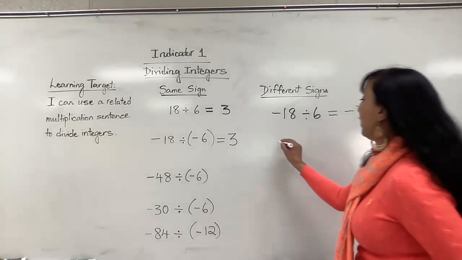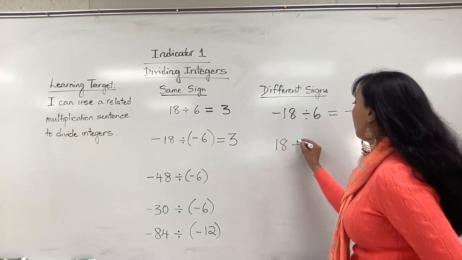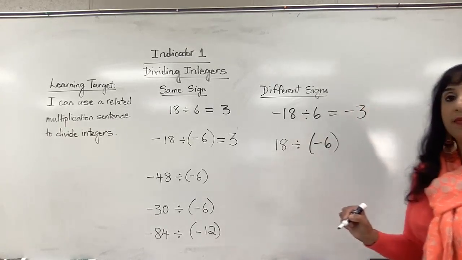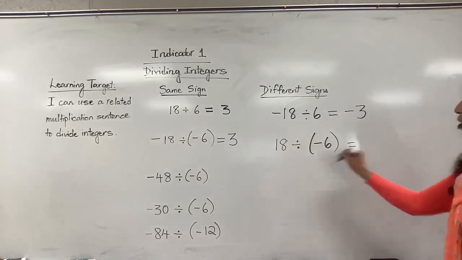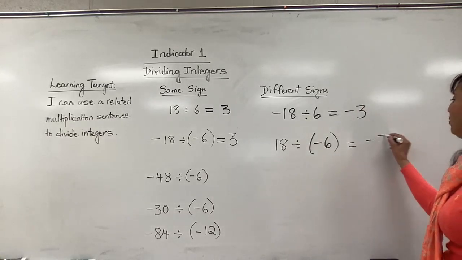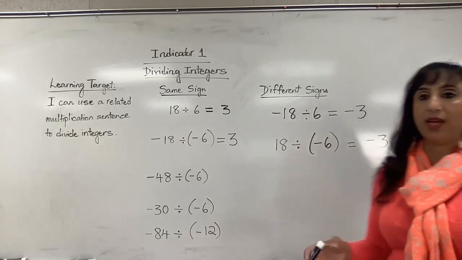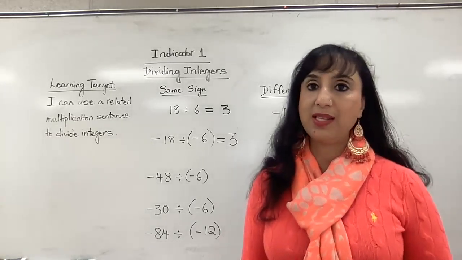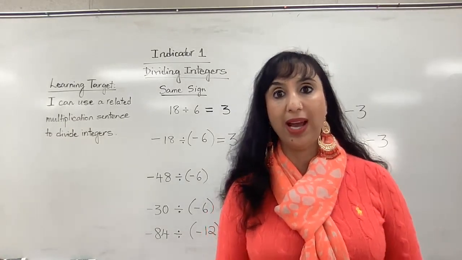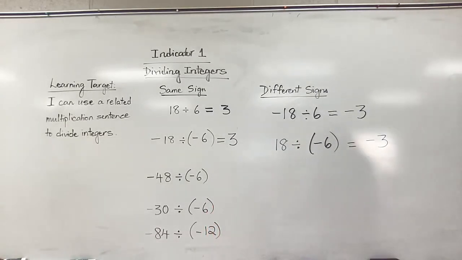Same thing if I had a positive 18 divided by negative 6. Again I have opposite signs, so my quotient would be negative 3 in this case also. So that's a simple rule. Same signs, you get a positive quotient. Opposite signs, you are going to get a negative quotient.